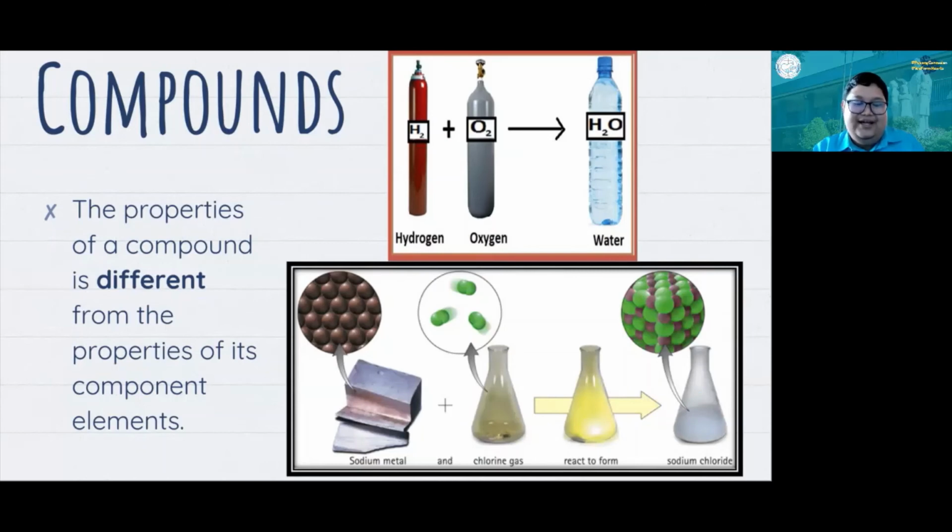You can still brush your teeth using a toothpaste because the properties of fluorine being a toxic gas is not evident anymore in the fluoride component of the toothpaste. So take note, fluorine is an element while fluoride is a compound.